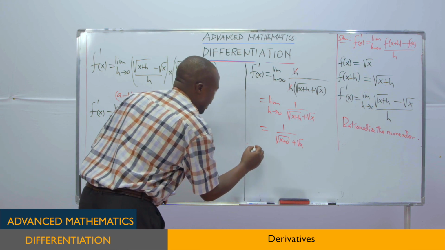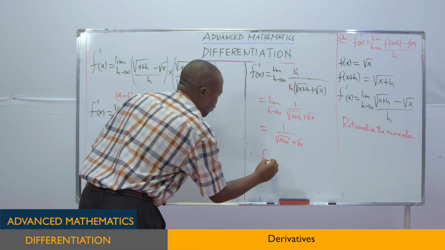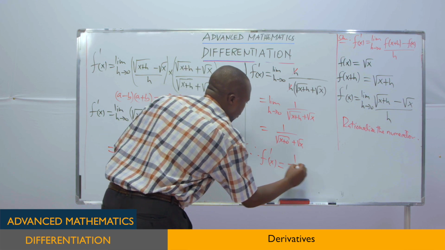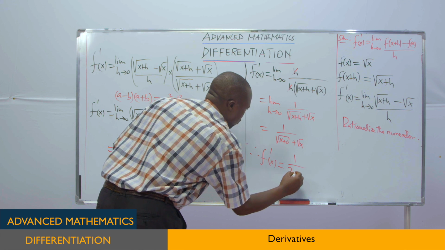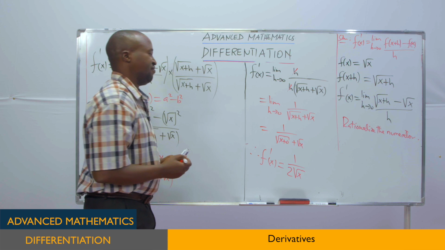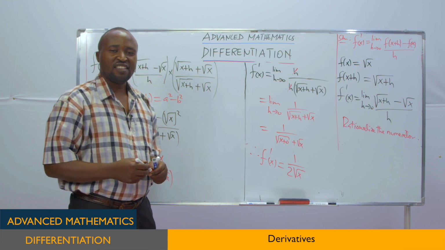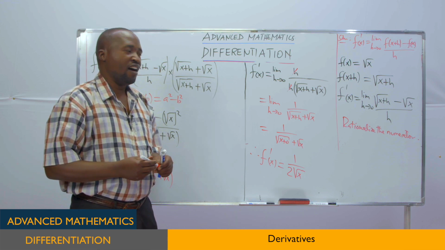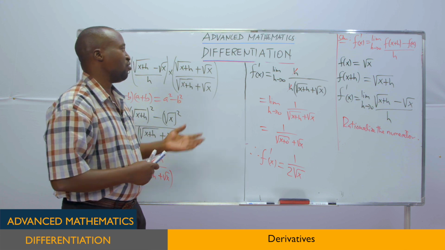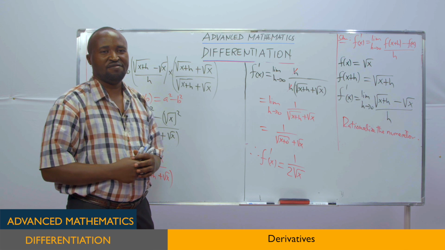So in this case, we say the f of x dash is equal to 1 over 2 the square root of x. That is how to find the derivative from first principle when you have the variable under the root.